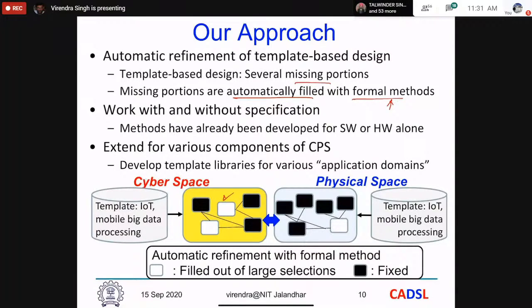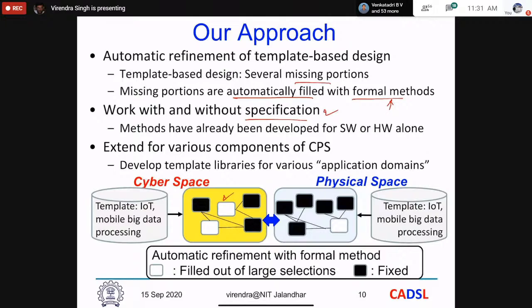Now we need a specification to verify: I have been given some specification, and then I have to verify whether my system is adhering to those specifications or not. However, many times the entire specification is not known to you.